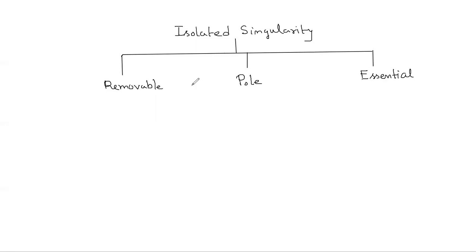Next, let us go into classification of isolated singularity. Isolated singularity can be classified into three categories. One is removable, the second one is pole, and the third one is essential singularity. Now let z0 be an isolated singularity of the function f(z).